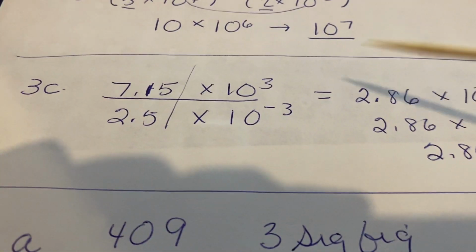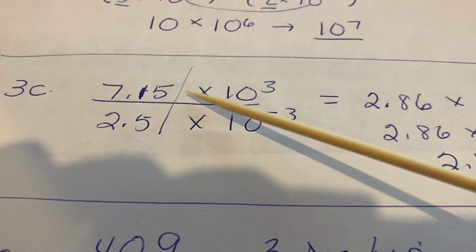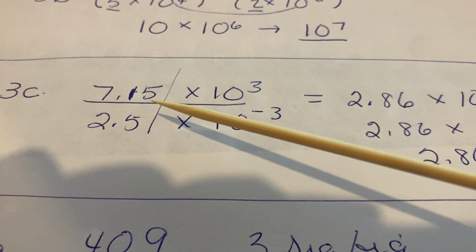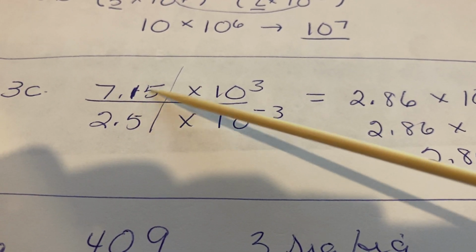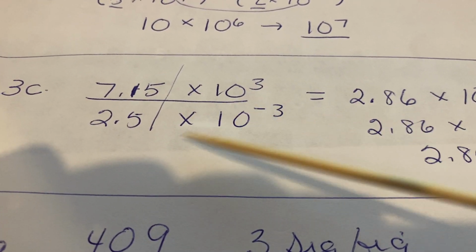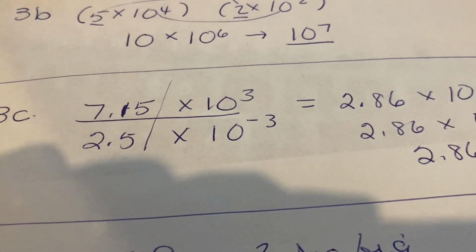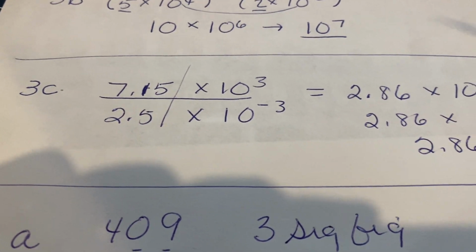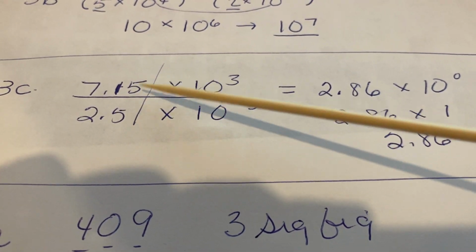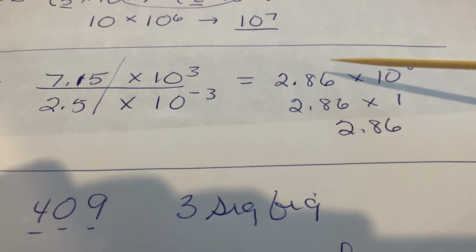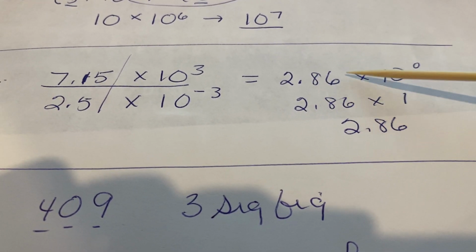Okay? Number C, we are going to do a division problem. So here we have this division, 7.15 times 10 to the third and 2.5 times 10 to the third. So right away we want to kind of divide this up, and we divide the first half right here, 7.15 divided by 2.5. If you do that in calculator, you get 2.86.